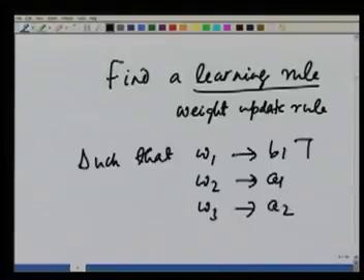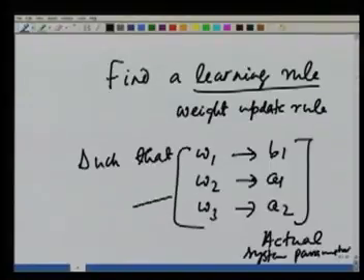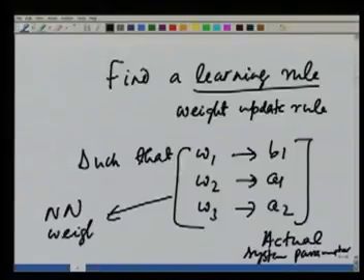These are the actual system parameters and these are your neural network weights. I hope the problem is very clear to all of you, that I now want to identify these weights W1, W2, W3. So, how do I do it?